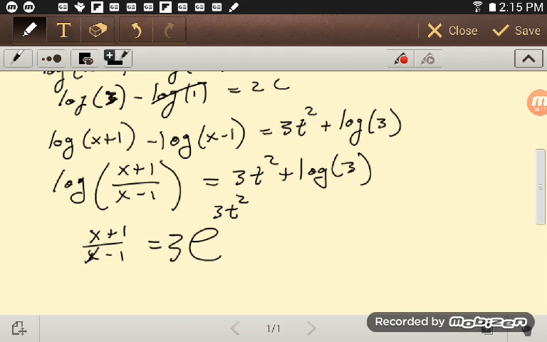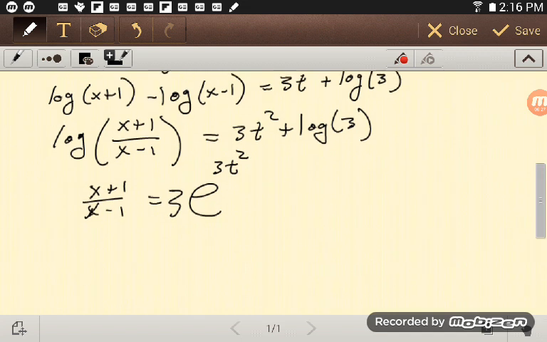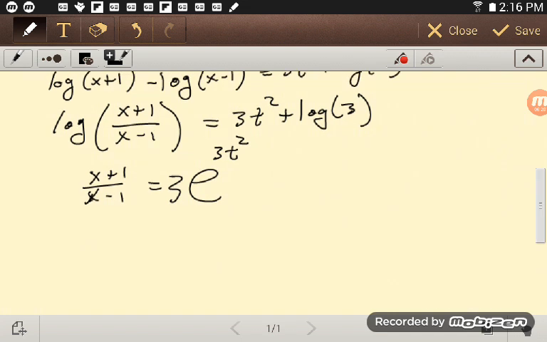Right, because e to the natural log of 3 is just 3, times the e to the 3t squared. Okay, so I have this, and now I have to solve for x. So I have x plus 1 equals 3e to the 3t squared times x minus 3e to the 3t squared.